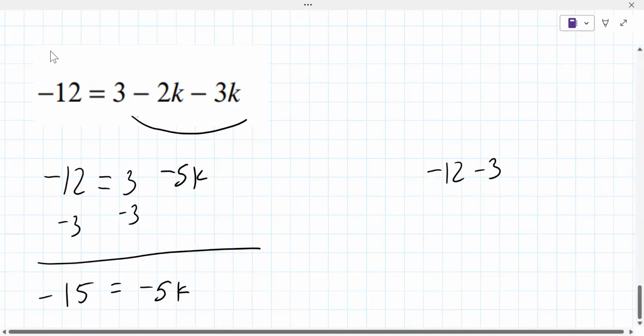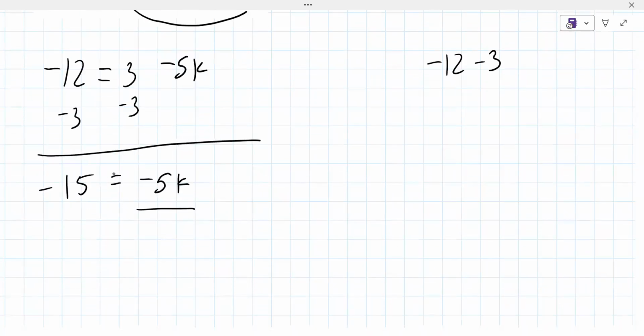And then you would divide by negative 5 on each of them. Right, so it would end up being k equals +3.